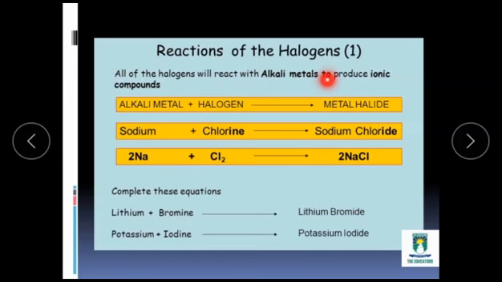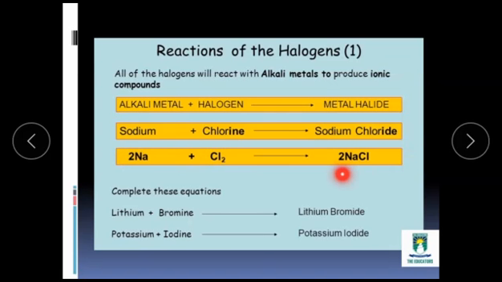For example, when sodium metal reacts with chlorine, it forms sodium chloride. So this is a metal, this is a non-metal, and when they both combine together, they form an ionic compound like NaCl.